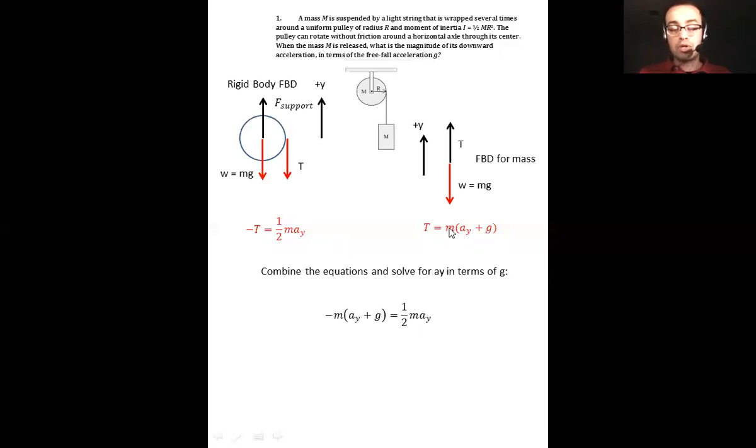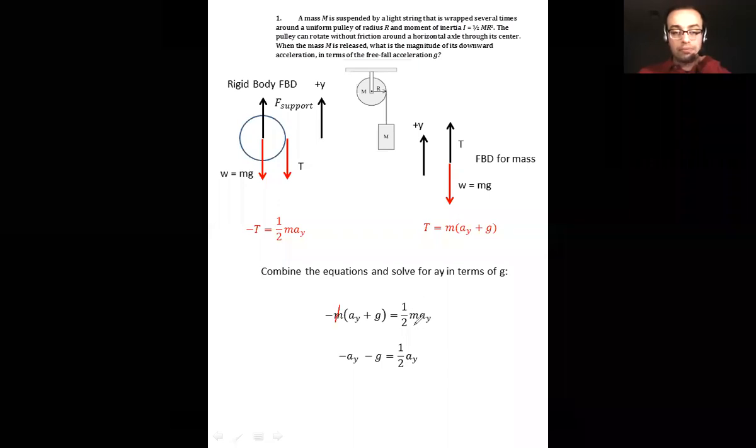And again, this is just changing the sign of this. We multiply both sides by -1, so we know what negative t equals. We go ahead and rearrange, and we also note that m drops out. So m drops out, and negative a sub y minus g equals 1/2 a sub y.